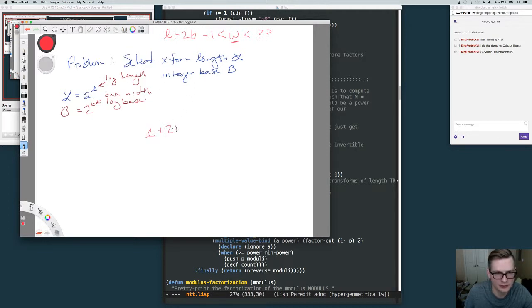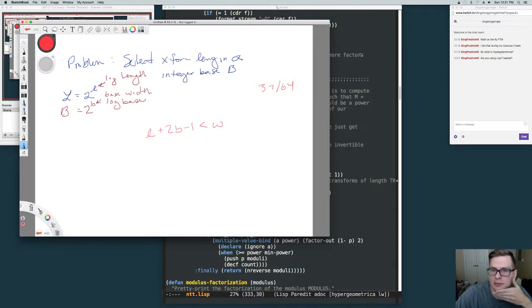L plus 2b minus 1 is less than W. Well, our word length is either 32 or 64 bits, so really I shouldn't have written this thing up here. This is kind of bogus. I mean, it's not wrong, but, well, maybe it's wrong.